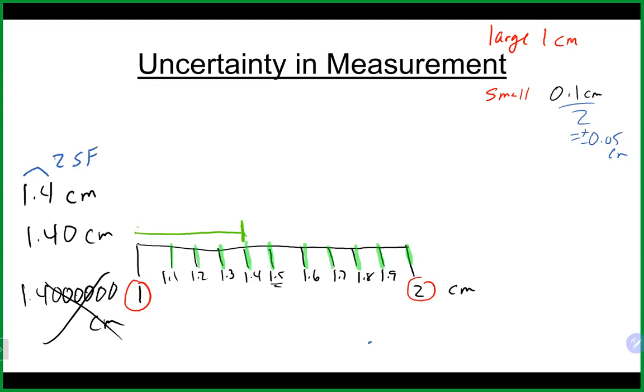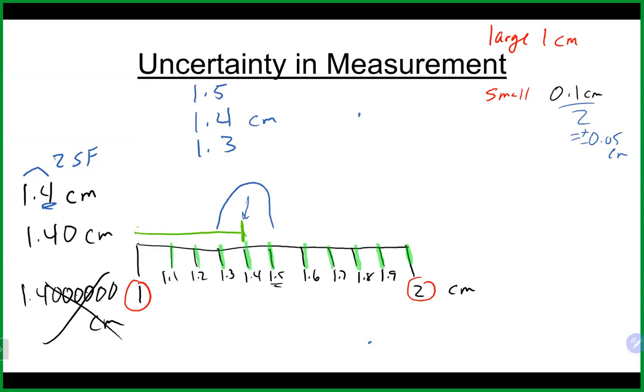The uncertain digit is the 4. So when you record 1.4 centimeters, that is basically saying I think it could be 1.5, maybe it's 1.3, with that plus or minus on that last digit. And we could clearly see from our scale here that it is nowhere near either of those numbers, right? That's a pretty big area of error between those two digits.